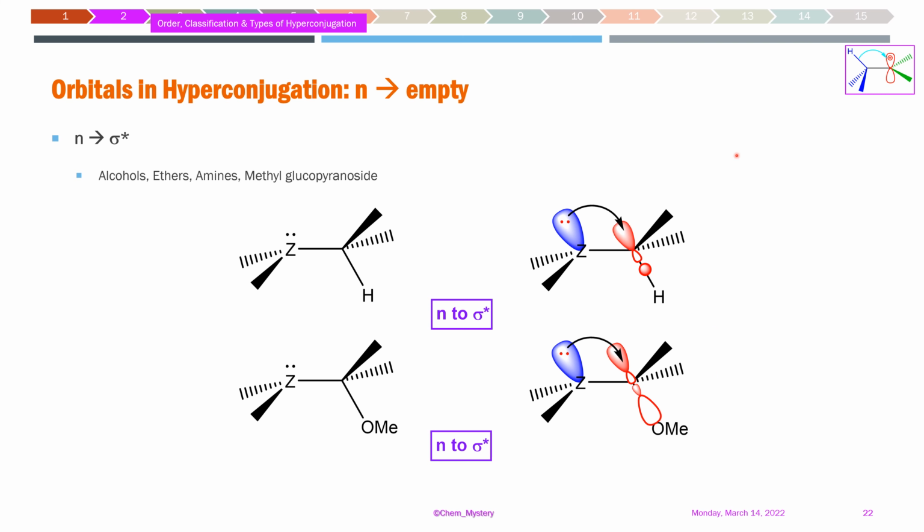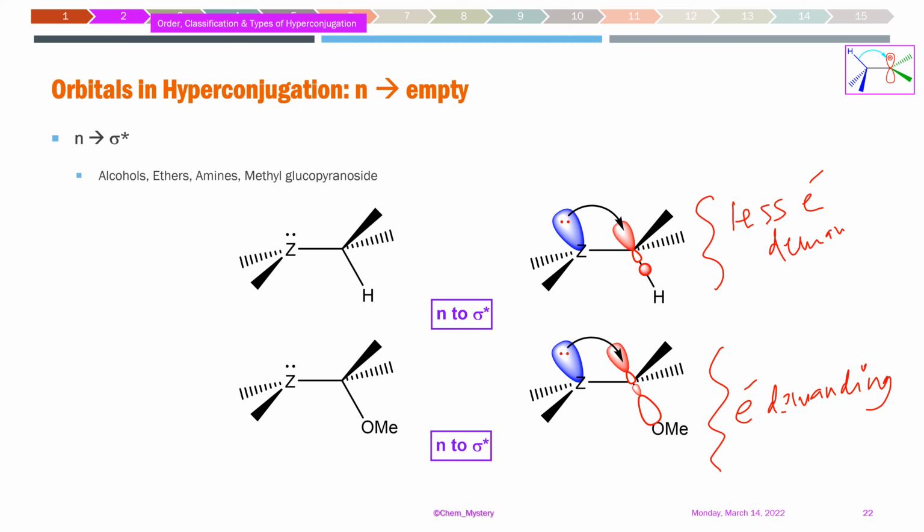If this is more electron demanding, that means there will be better electron accepting ability. This is electron demanding, but this is relatively less electron demanding, those sigma star orbitals we are talking about. You might have already noted how we have shown the sigma star molecular orbital for the carbon hydrogen bond and how we have shown it for the carbon oxygen bond. You have understood the molecular orbital diagrams, how the different orbitals interact and which kind of molecular orbitals will be formed.